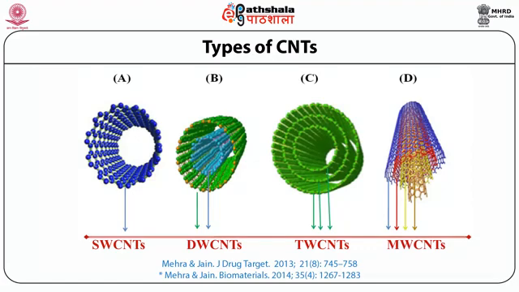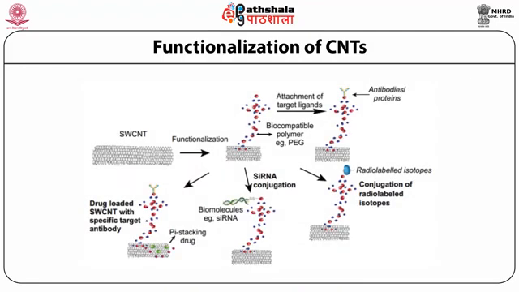All these types could be evaluated for drug delivery and targeting as well as for theranostic applications. I have shown this slide again because functionalization is the main part that is enabling carbon nanotubes to be used for theranostic applications.